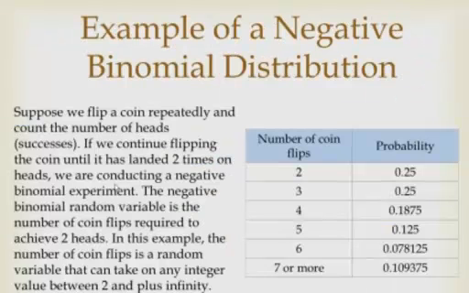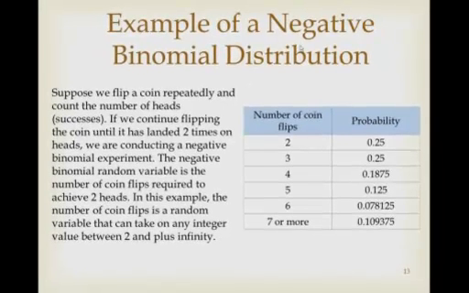So let's have an example of a negative binomial distribution. Let's say we flip a coin, like we have lots of time on our hands, and we just sit around flipping a coin, and we count the number of heads as successes. If we continue flipping the coin until it has landed 2 times on heads, we've conducted a negative binomial experiment. The negative binomial random variable is just the number of coin flips required to achieve 2 heads.